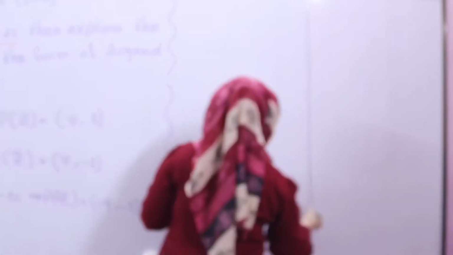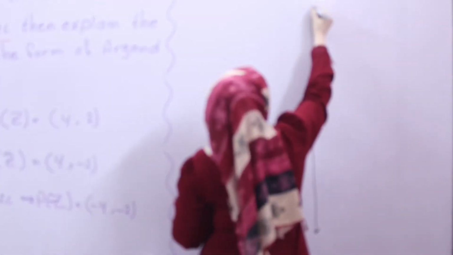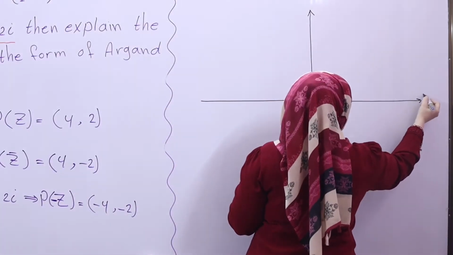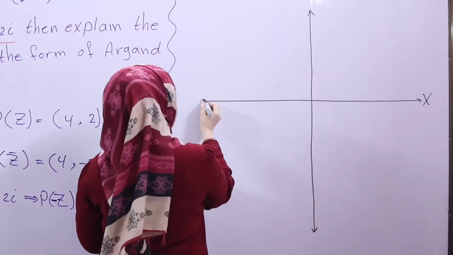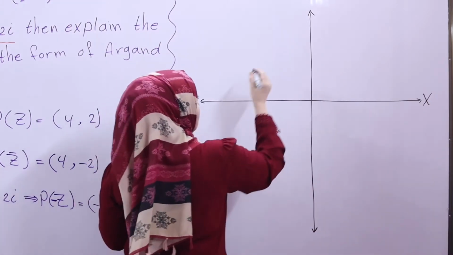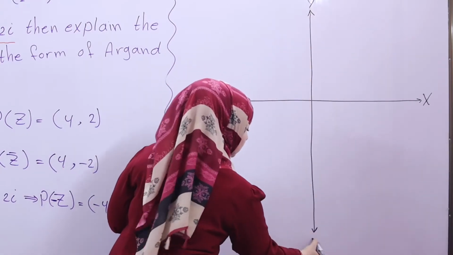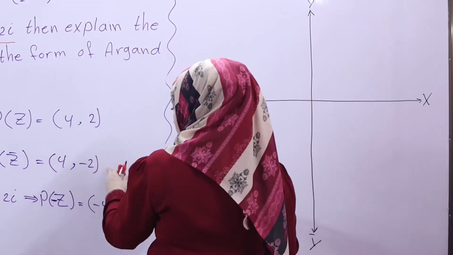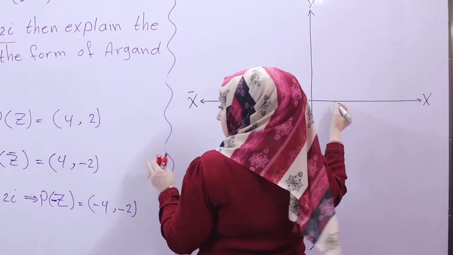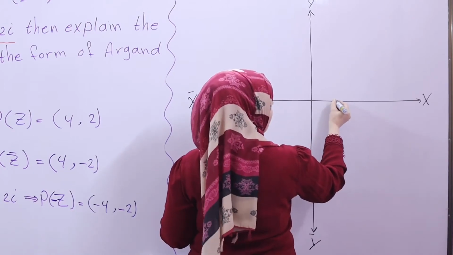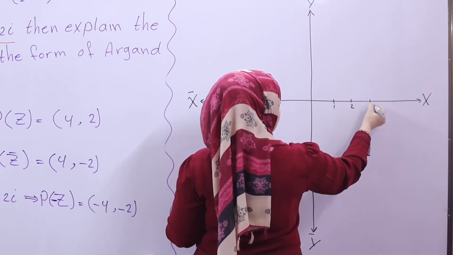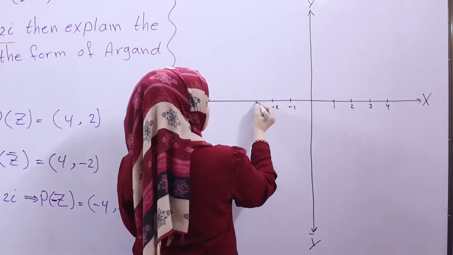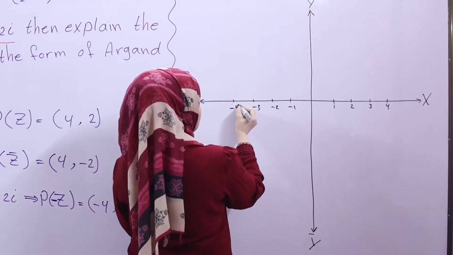So we will draw the vertical axis, the y axis, and the horizontal axis which represents the x axis. Here we have positive y, here we have the negative y axis. So we need the points: 1, 2, 3, 4, and negative 1, negative 2, negative 3, negative 4.